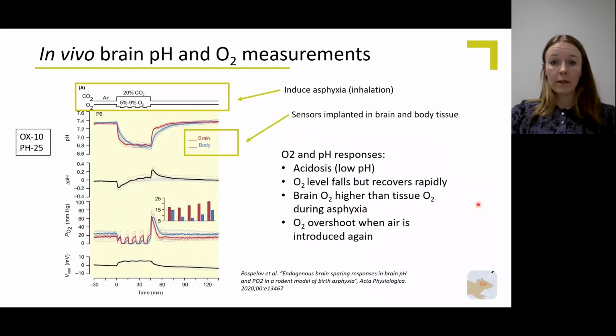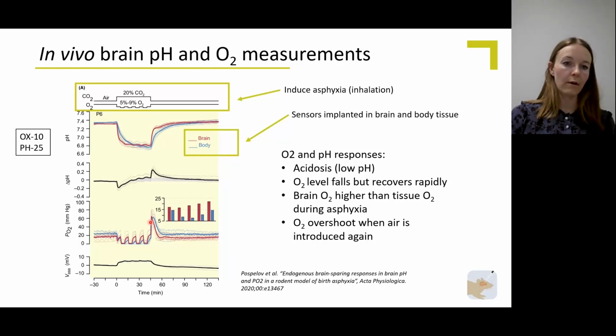They induced asphyxia by letting the rats inhale a gas mixture of 5 to 9% oxygen and 20% CO2 in repetitive steps. And they implanted the sensors in the brain and in the body tissue, and they could then detect a low pH as a sign of acidosis, and they could also see a decrease of oxygen.